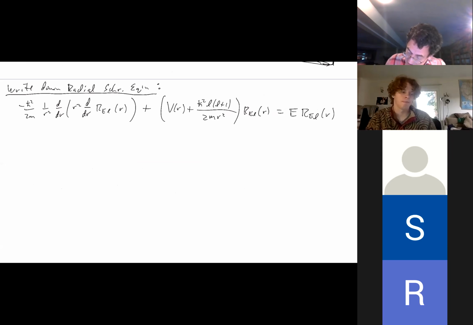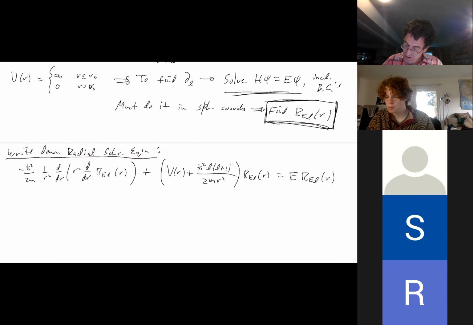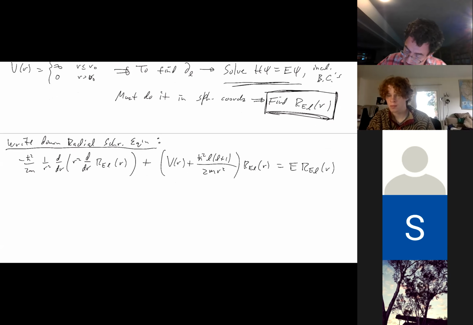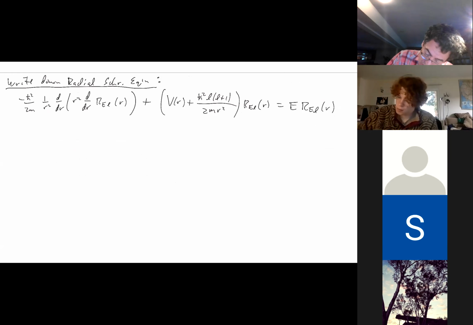So I wrote down the radial Schrodinger equation. Now what do we do? How do we solve this? Boundary conditions. Exactly. That's exactly right. So let's use the boundary conditions.